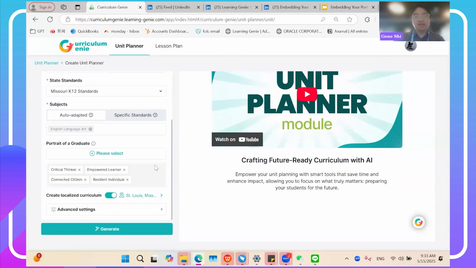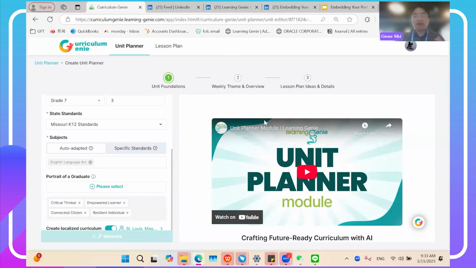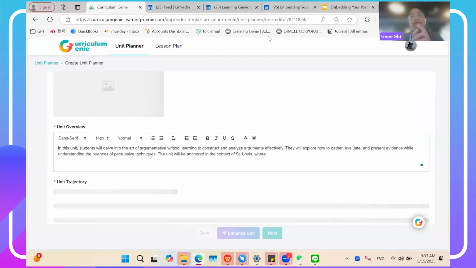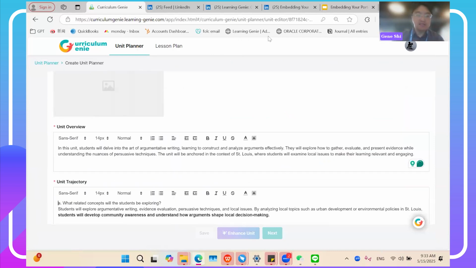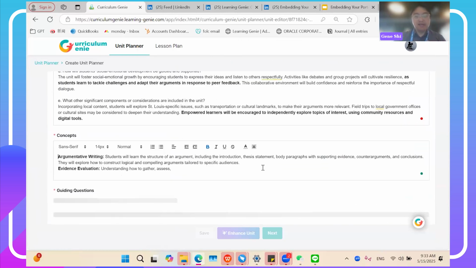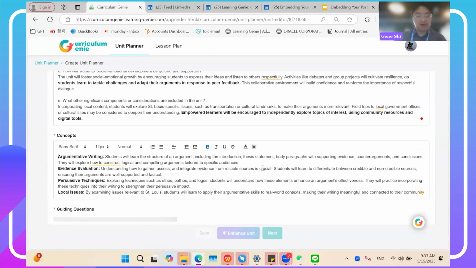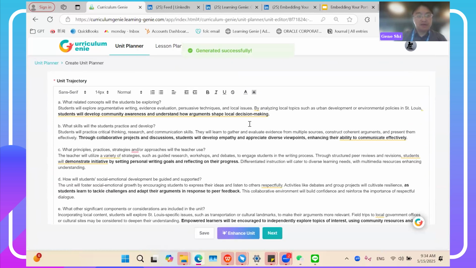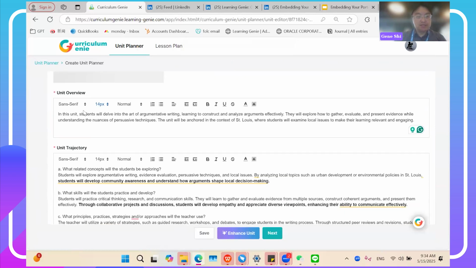We'll do a lot of those in the next webinar, but we can show you step by step. We are weaving the standards and the Portrait of Graduate into the unit design, and also into each lesson. Here it is about argumentative writing. Here's the unit overview.